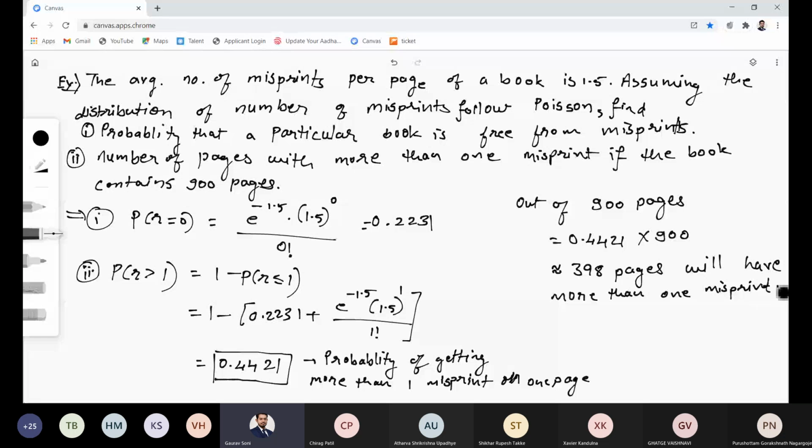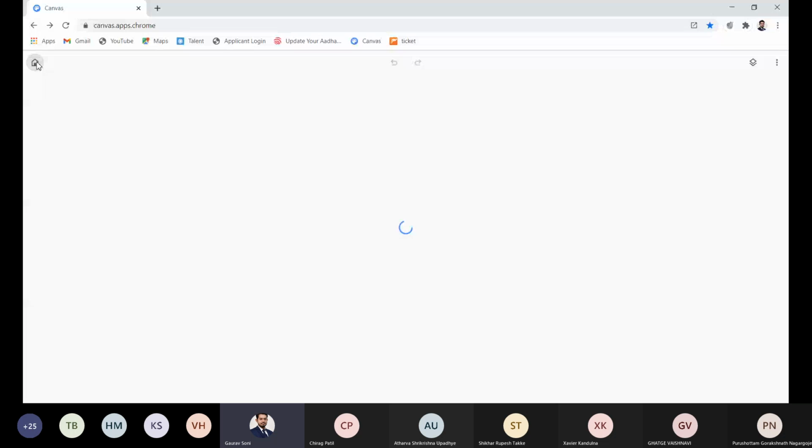Fine. So that is all about the Poisson distribution. I'll just discuss one example. Of course, I'm not going to take it. The data that I'm going to write is accidents per shift in a factory.